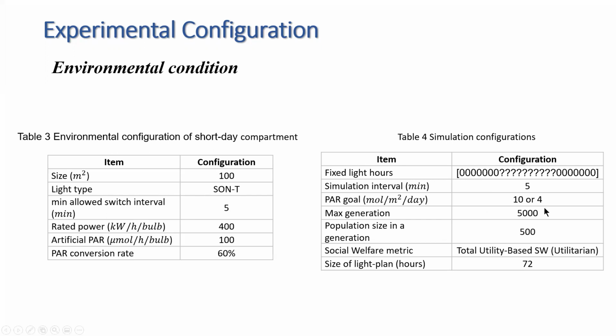When the PAR goal is 10, it's impossible to have any solution that can fulfill the fixed light hours and also fulfill the PAR goal. But when the PAR goal is 4, it's possible to have some solutions that fulfill both of these objectives.